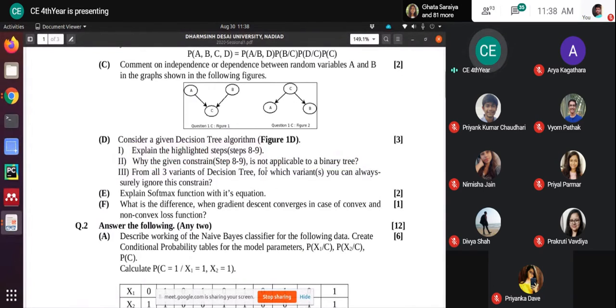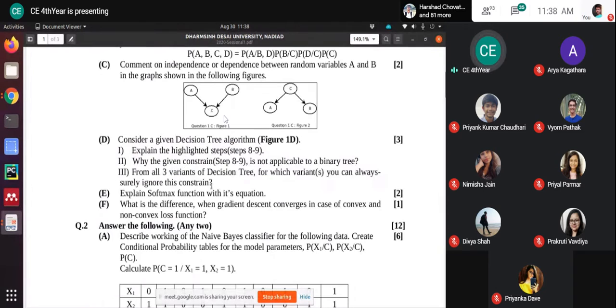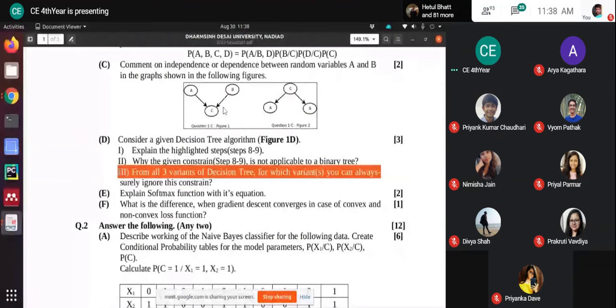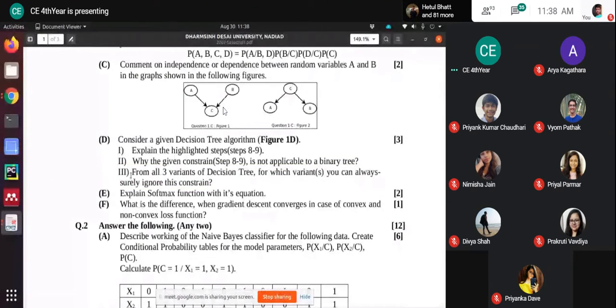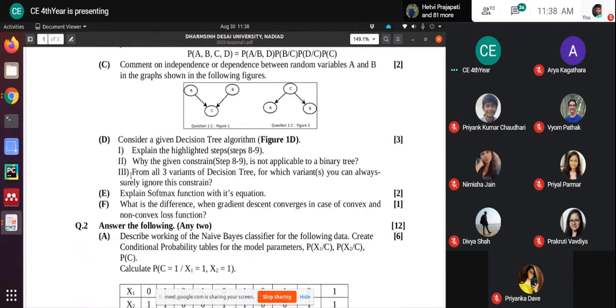And for the third question, many students have written the correct answer, and that is which algorithm? But I have observed ID3 also in some papers.